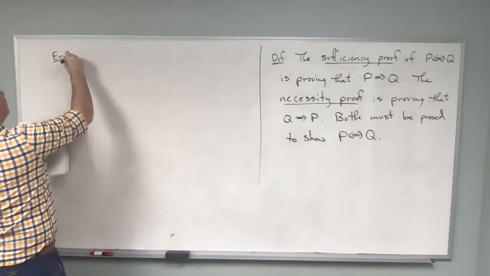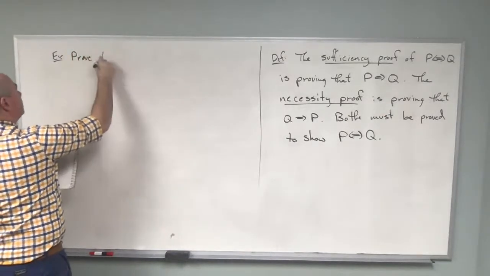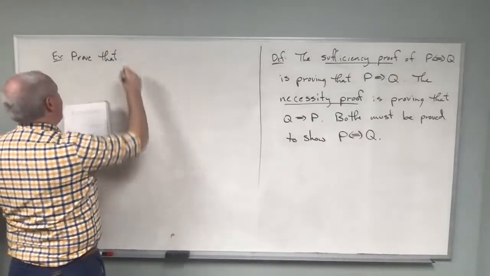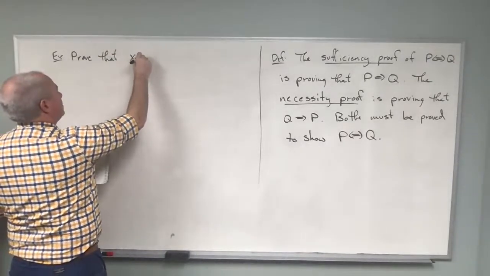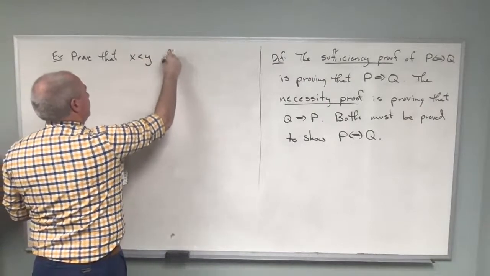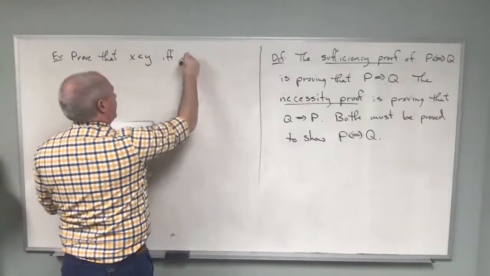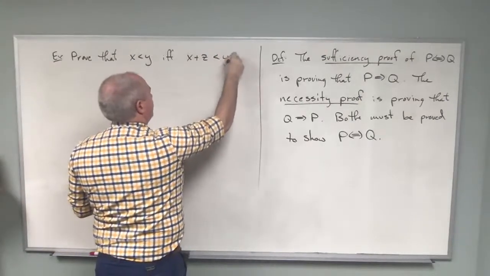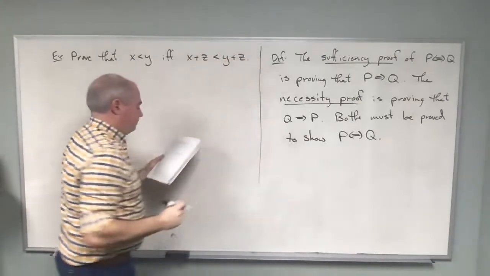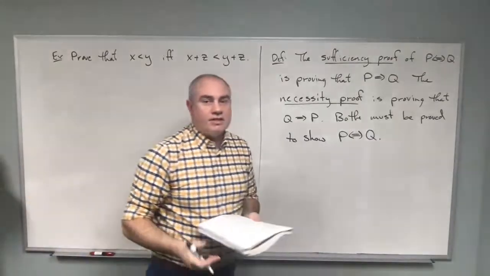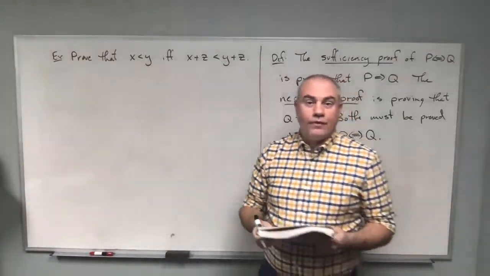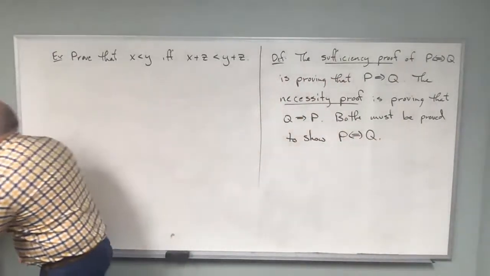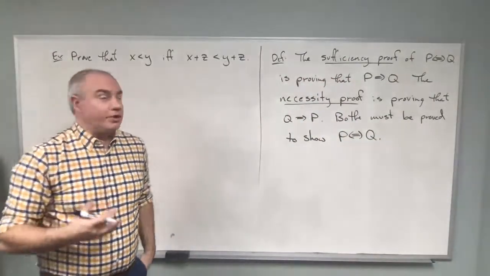Let's prove that x is less than y if and only if x plus z is less than y plus z. Okay, so this is not a very interesting proof overall, but it does demonstrate what we mean when we do an if and only if proof.